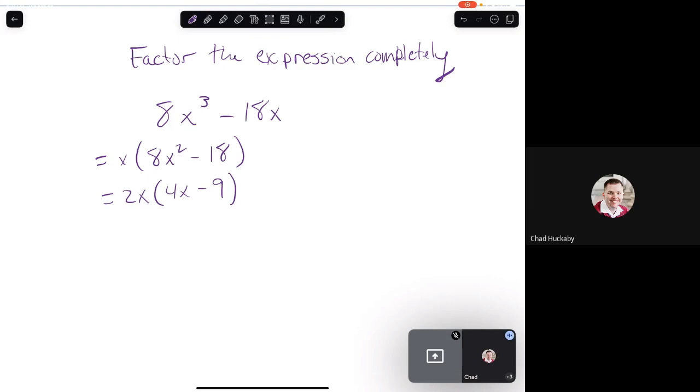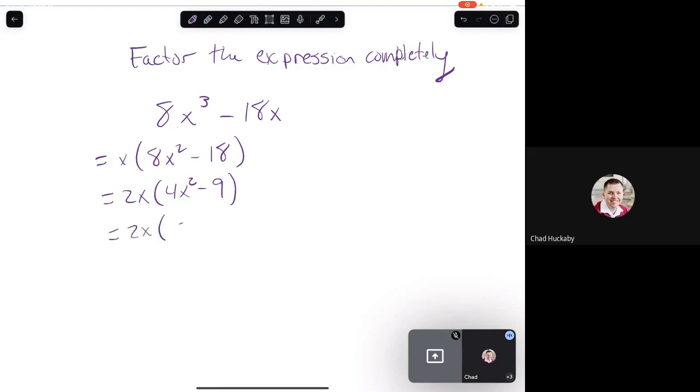Oh, we should have an x squared there. That should help you figure out what's missing. Is there something else we can factor? What you need to be able to recognize once you have that square term is that this is a difference of squares.